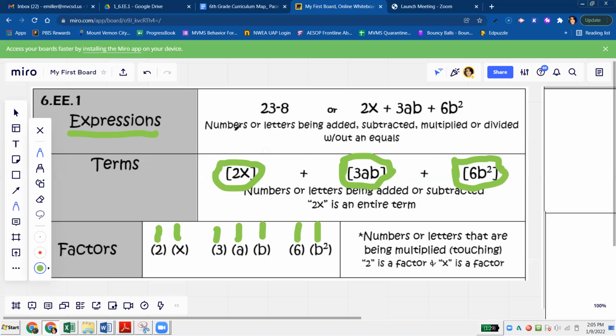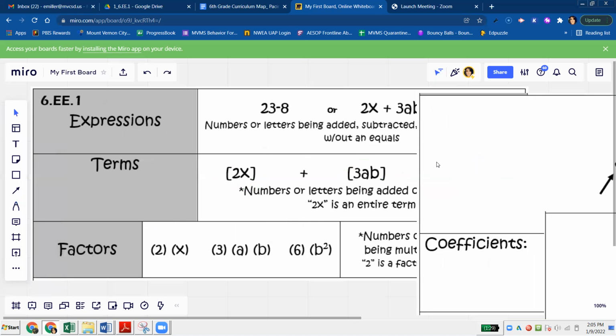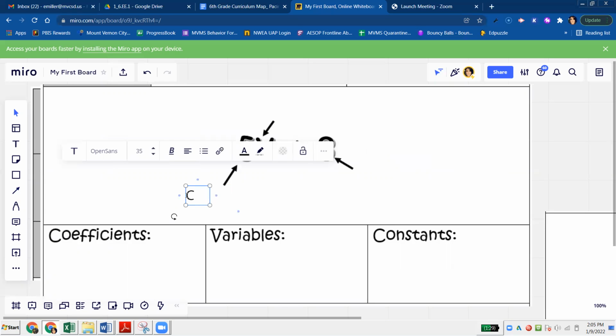All right, so now that we've got those items figured out, let's go ahead and bring in another concept, which is the items within an expression. And this is the way that many of the expressions show up here, in this form where you've got 5x plus 8. So the 5 here is something you guys have known for a while now, and that's called the coefficient.